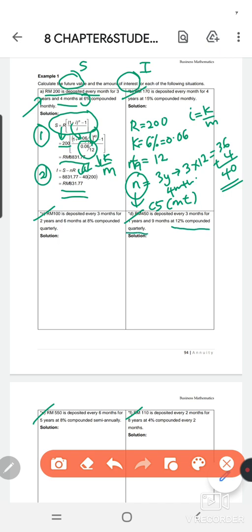Here, R is 450. 12% is your K, so K is 12% or 0.12. And then M, you have to read here: compounded quarterly. When compounded quarterly, your M is 4.